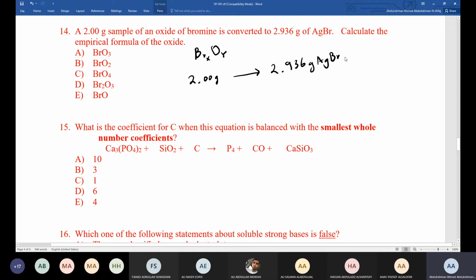Calculate the empirical formula for the oxide. What's X and Y? What's the first thing you should do? You have 2.936 gram AgBr. How many grams of Br is there in this compound?